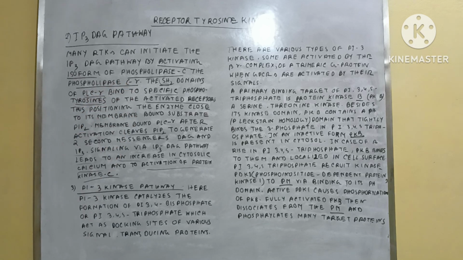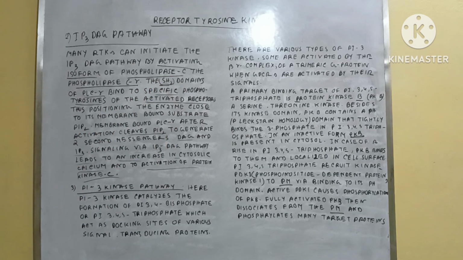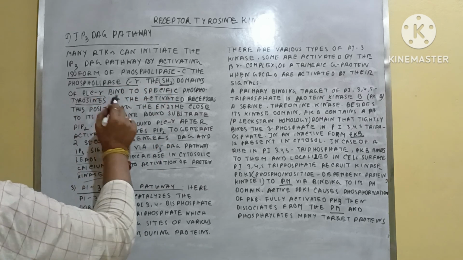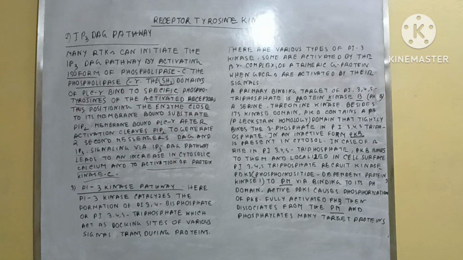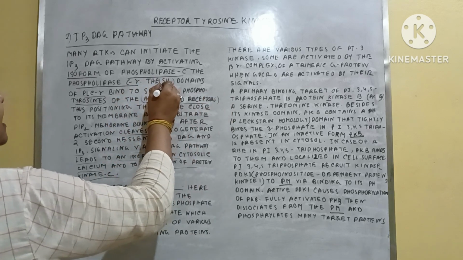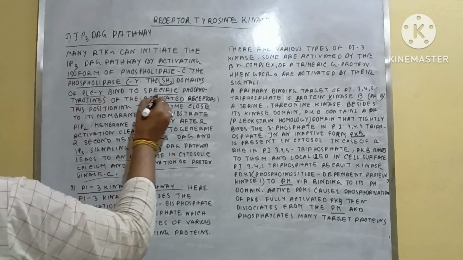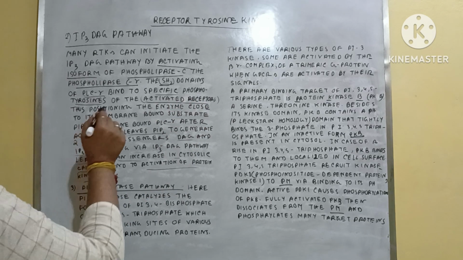Without phospholipase C gamma, this process is not possible, because the SH2 domain of phospholipase C gamma is very important. This SH2 domain binds to the specific phosphotyrosines of the activated receptors.